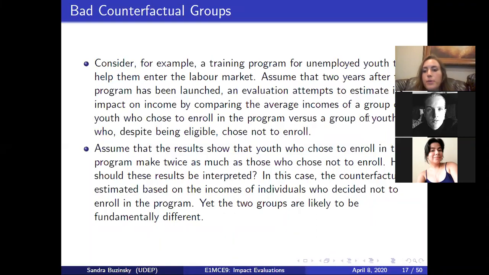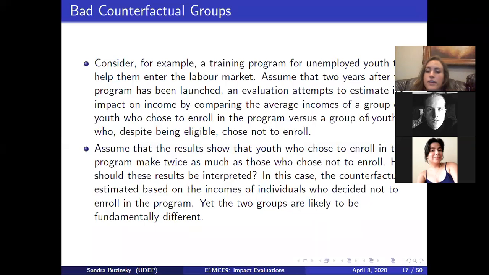So the problem is when there's choice of whether you can enroll or not, there's always going to be selection bias because your choice of entering a program is based on some sort of characteristic or quality that you have about yourself. So maybe the people that do choose to enroll into the program are way more motivated than people who don't enroll, and they care more about their labor market outcomes.